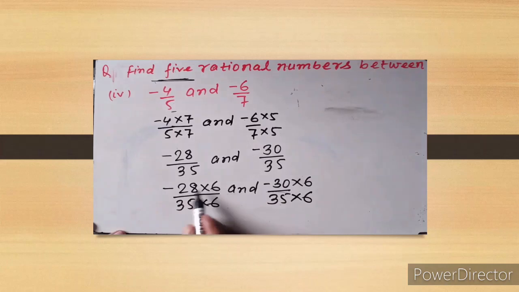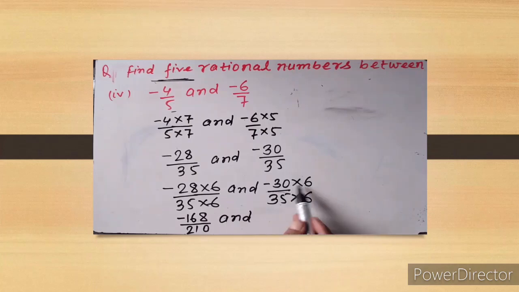Now multiply it. 8 sixes are 48, 4 carry, 6 twos are 12 and 4 is 16, minus 168 upon, 6 fives are 30, 3 carry, 6 threes are 18 and 3 is 21, so minus 168 upon 210. And 6 threes are 18, minus 180 upon 210, when you multiply 35 by 6.